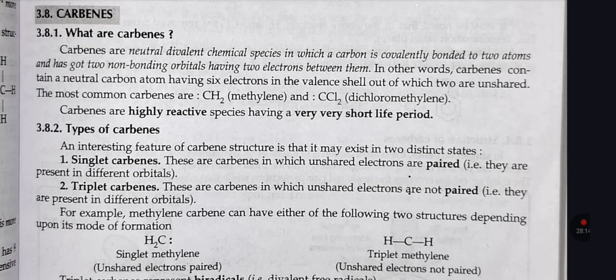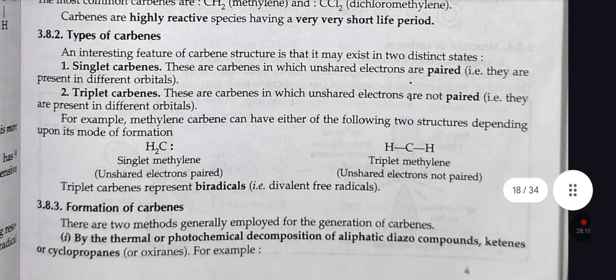Types of carbenes. An interesting feature of carbene structure is that it may exist in two distinct shapes. First, singlet carbene. These are carbenes in which unshared electrons are paired, that is, they are present in the same orbital. Triplet carbene.